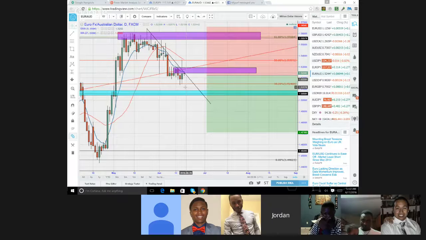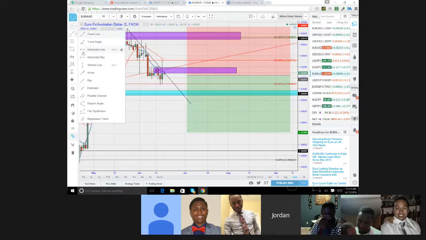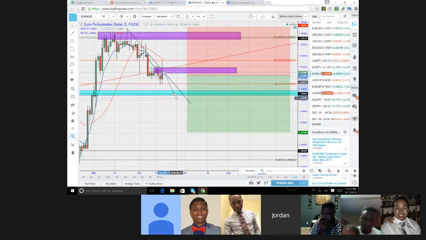I anticipate Euro Aussie to go down eventually and make lower lows and close down here, probably at least a break back down to our monthly key level. We have to really just wait and see how price reacts. We haven't been getting a lot of movement out of Euro Aussie.